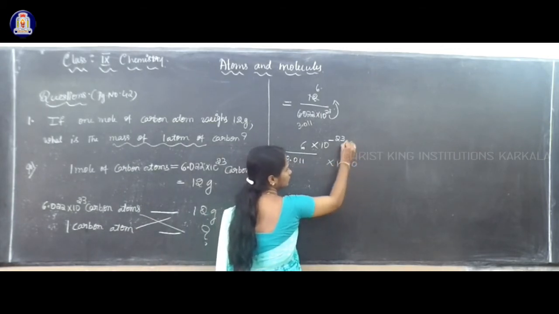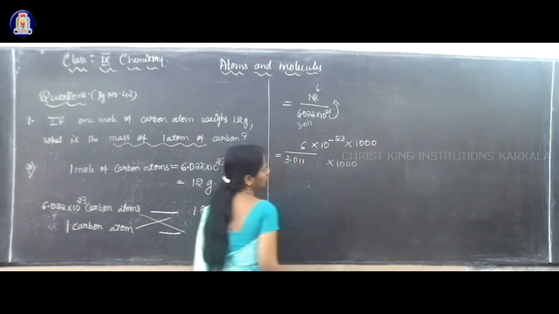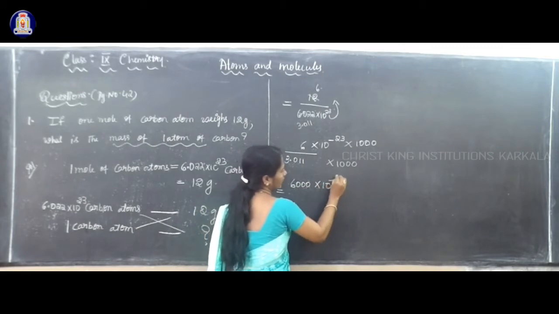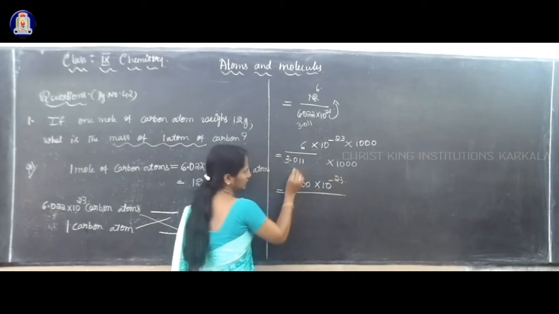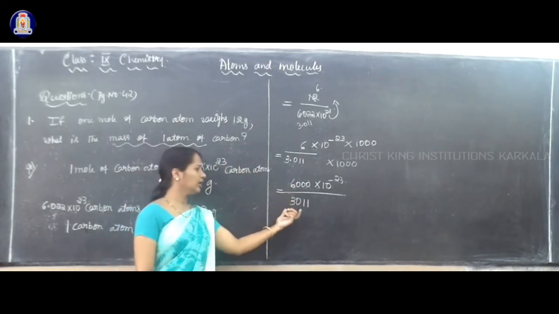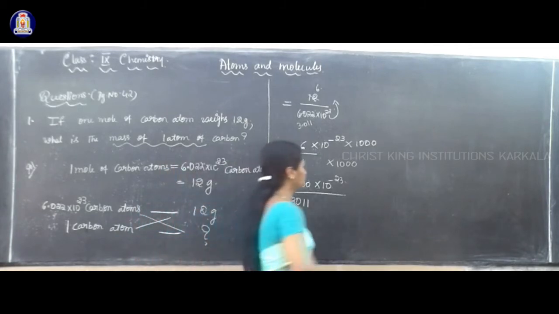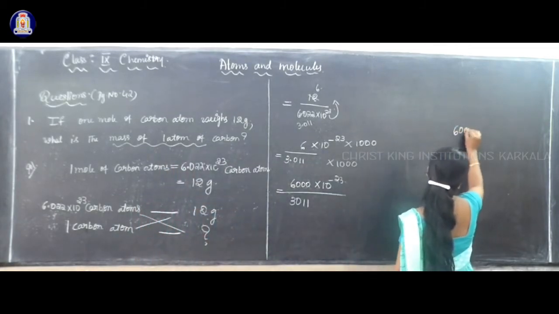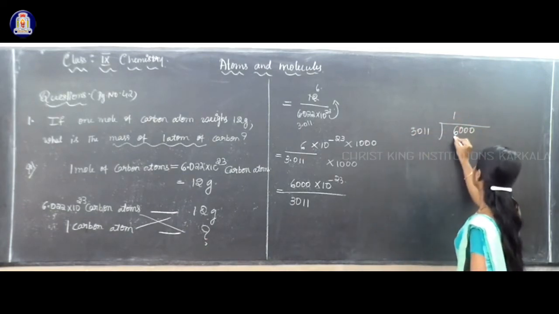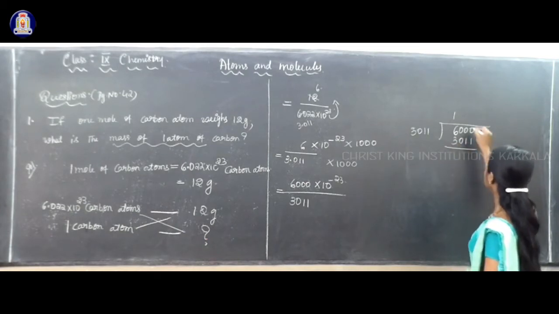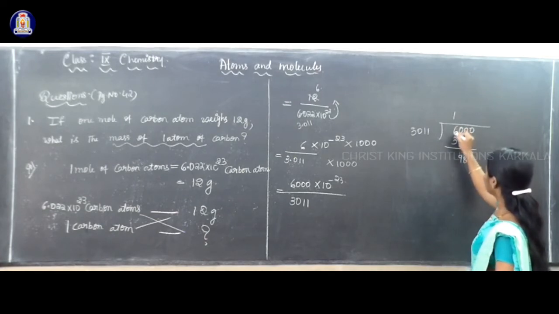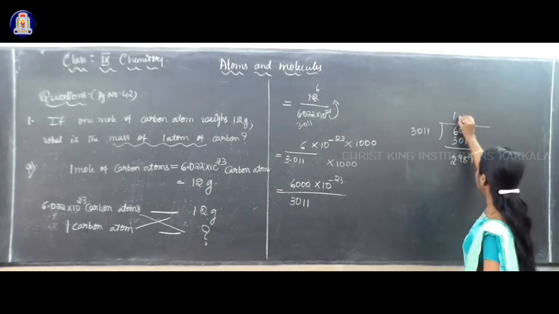The numerator becomes 6000 into 10 to the power minus 23, divided by 3011. Now we divide 6000 by 3011.